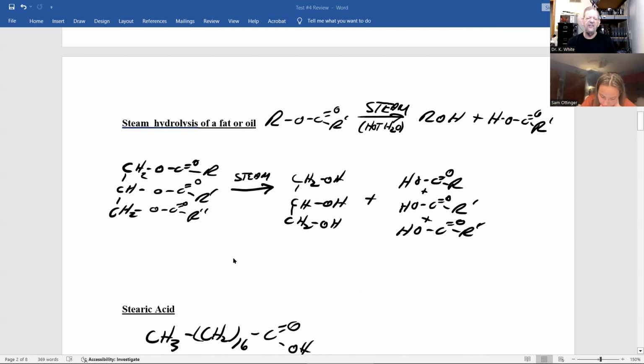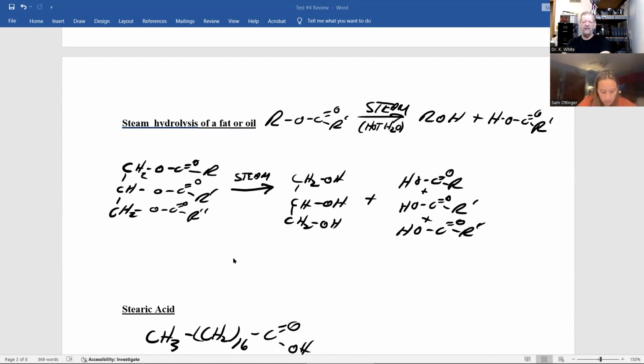Now, something I didn't talk about when we worked in esters, but I will now, is steam hydrolysis of a fat or oil. And there are 2 ways to make a reaction go faster. One is to use a catalyst like acid or base.